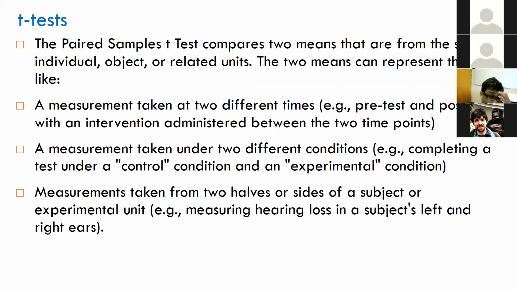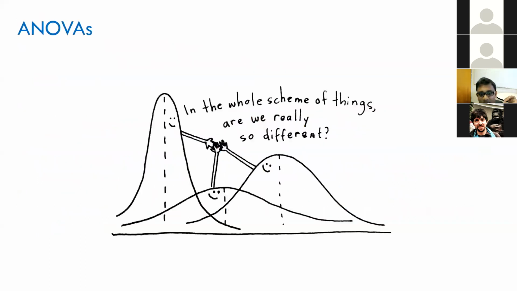What if you have more than two samples, three samples? What do you do? You cannot use t-test because t-test only supports a maximum of two samples. If you have more than two samples, then you have to use a different test, which is called ANOVA, analysis of variance, which is based on variance analysis.